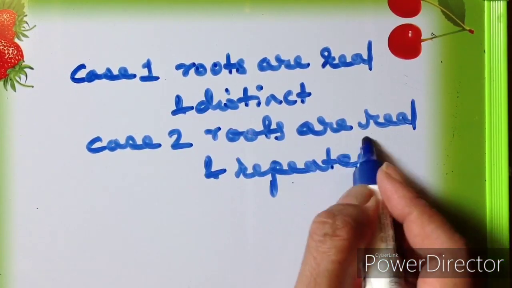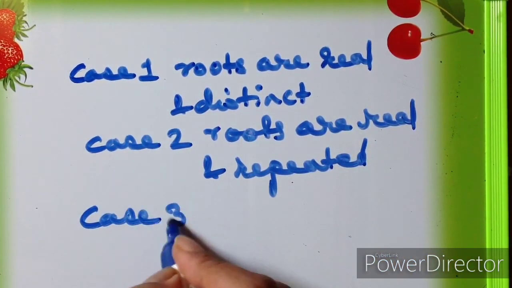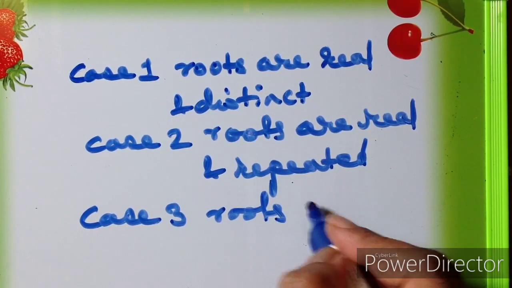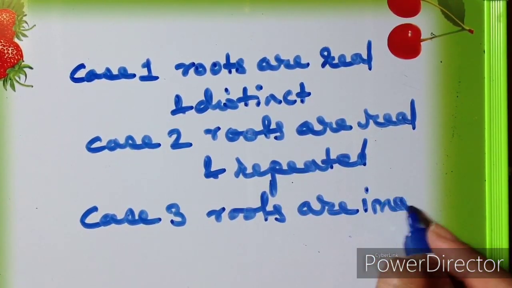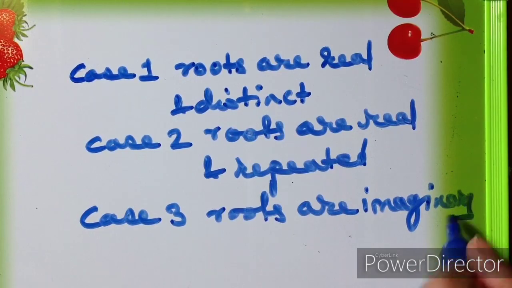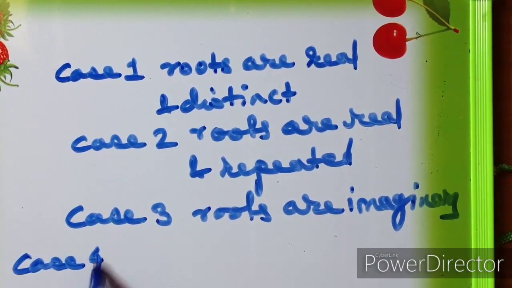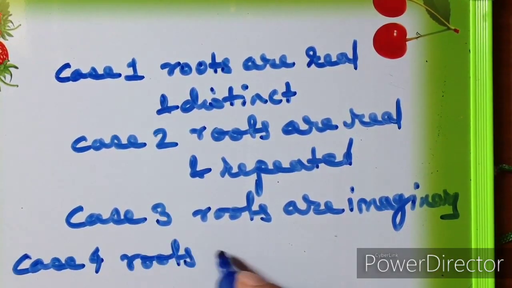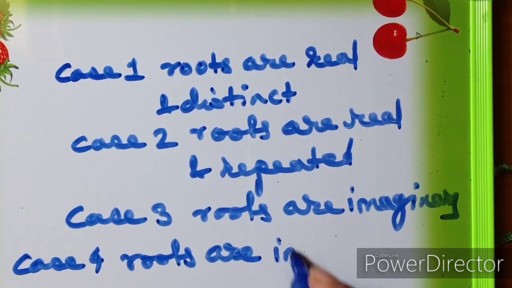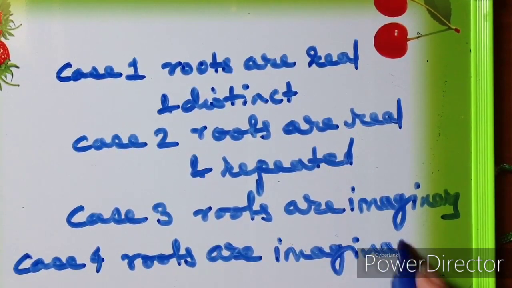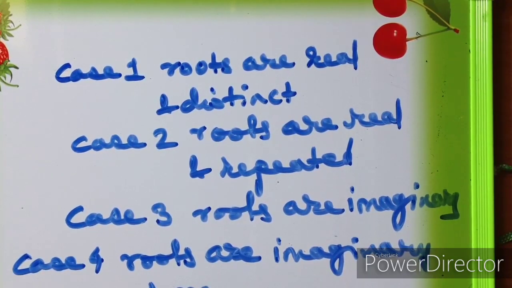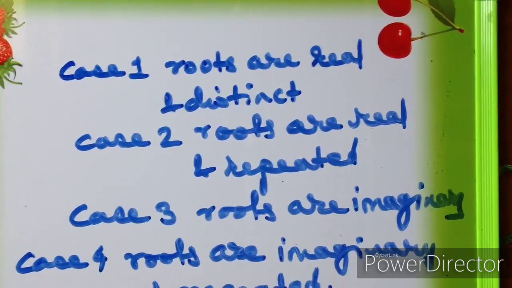Then we have case 3 where roots are imaginary. Then we have case 4 where roots are imaginary and repeated. So we are seeing how to solve the nth order linear differential equation with constant coefficients. We have just seen the complementary function.